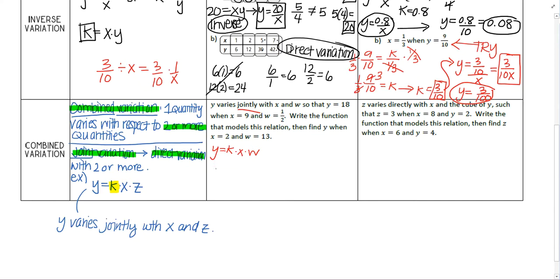So let's see, y is 18, k we don't know, x is 9, and w is 1/2. So cleaning this up, you can take 9 and multiply it times a half and get 9/2 times k equals 18.